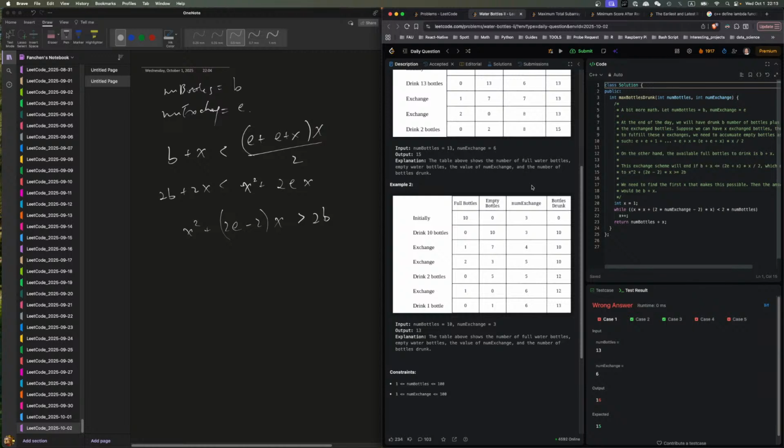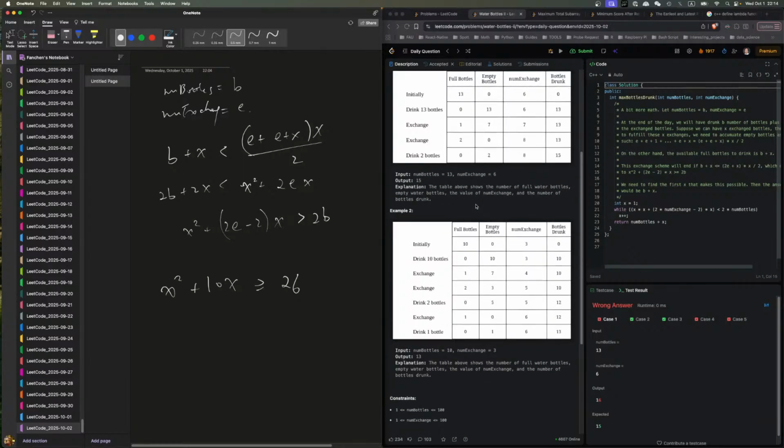So the first one, num exchange is 6. Isn't that the one that we tested? Actually, no. So x squared plus 10x larger or equal to 26. Yeah, x equal to 3. Oh, the answer is 15.